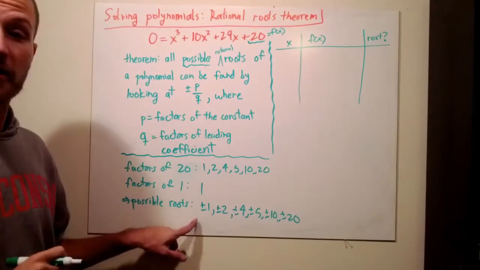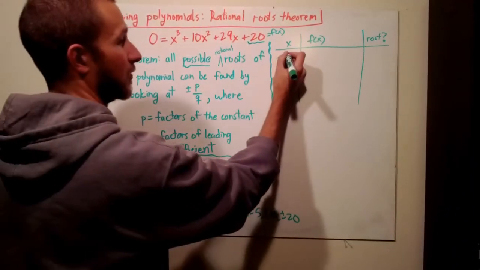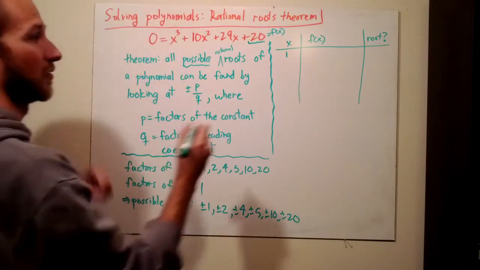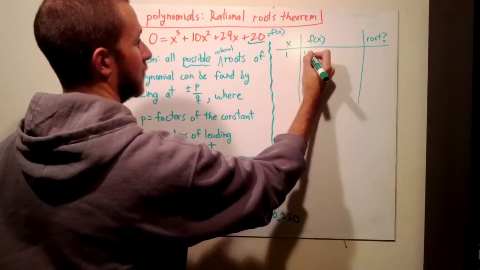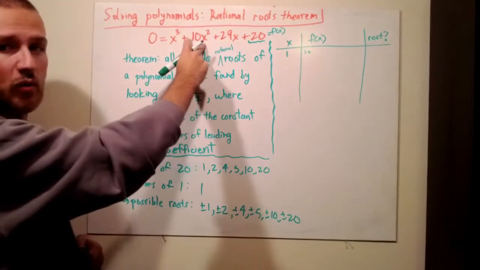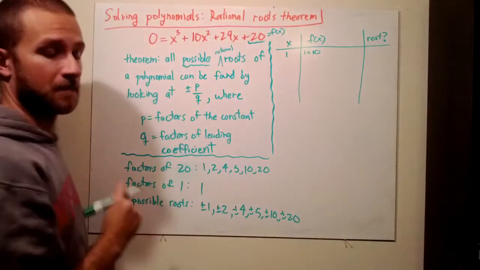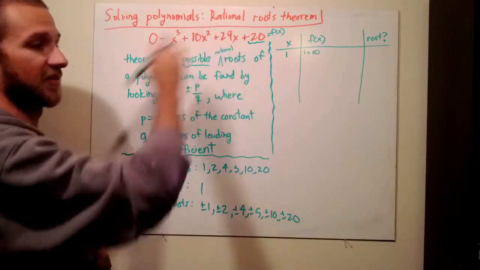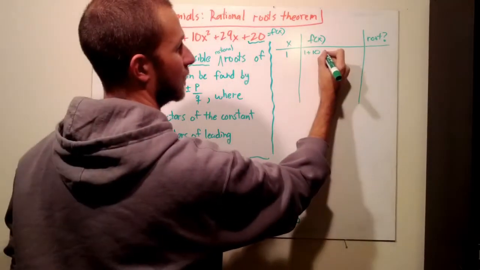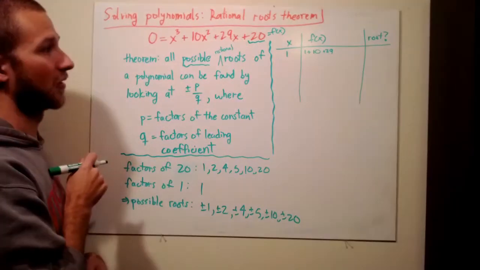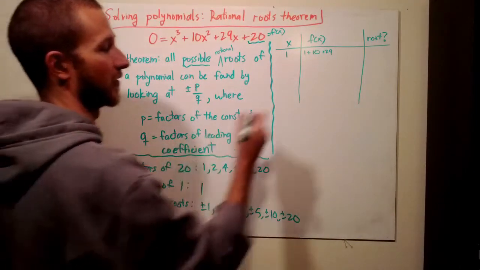So I'll start by plugging in positive 1. Let's see if that's a root. If I plug in positive 1, I would have 1 cubed, which is 1, plus 1 squared is 1, times 10 is 10. Plug in 1 for x there, I get a plus 29. And I don't have to plug in 1 there, I just get plus 20.